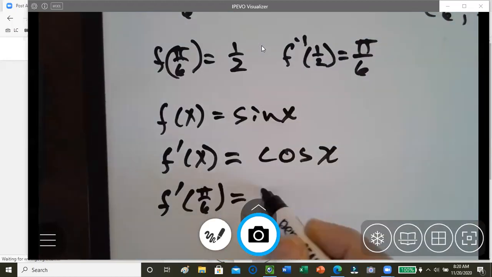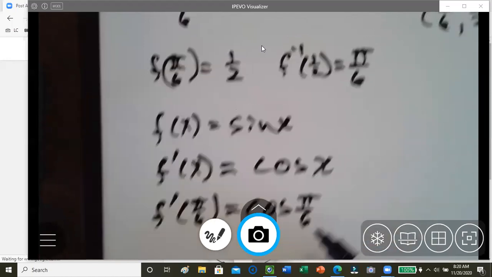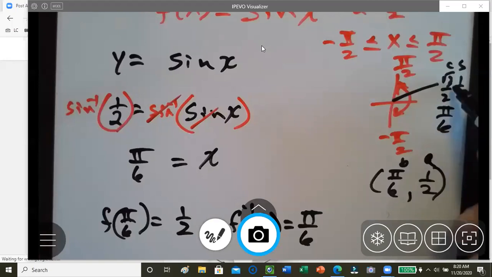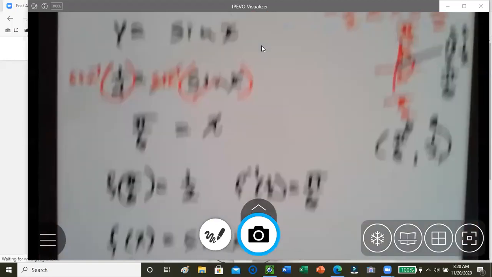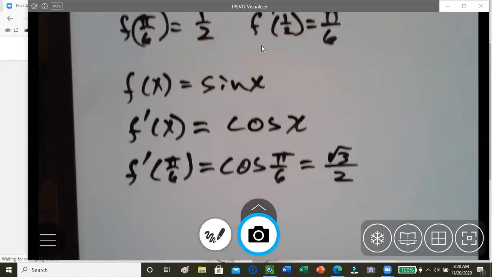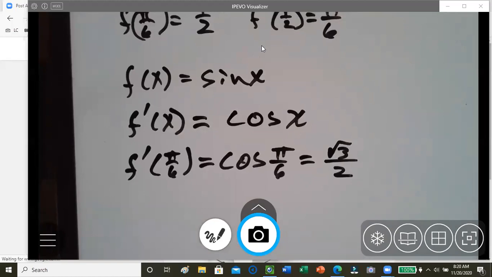So that would be cosine at pi over 6. And cosine at pi over 6 is square root 3 over 2. So that's square root 3 over 2. Questions with that so far?